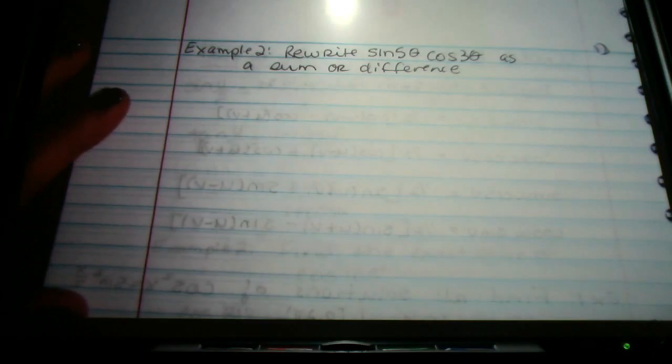Rewrite sine of 5 theta, cosine of 3 theta as a sum or difference. So which one of those are you going to use?